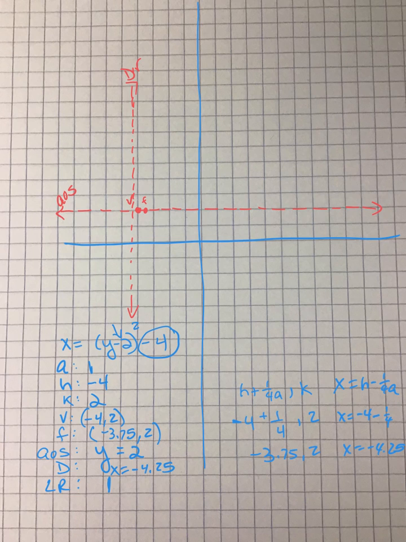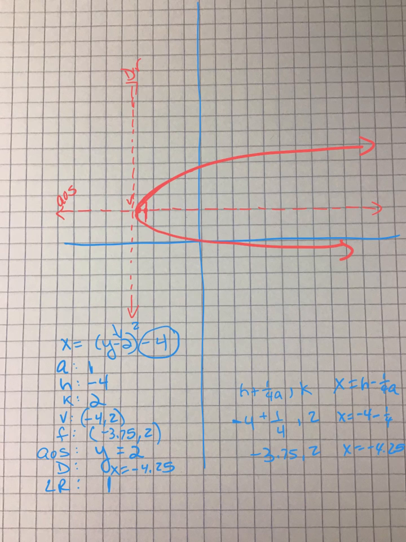So since it's 1, we're going to do half a box up, and half a box down, because that's a total of 1. So you see I go to the focus and draw half of the latus rectum up, the other half down. And now all I do is I connect the dots and I just kind of skim the latus rectum. That tells you the width at the focus, okay? And I just draw it.